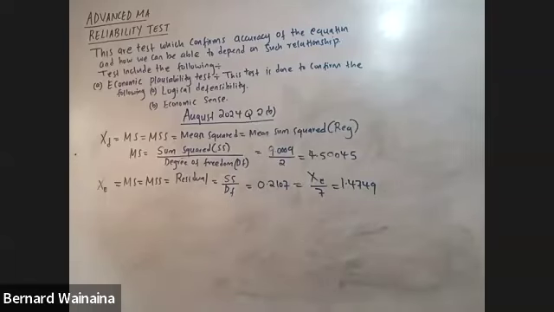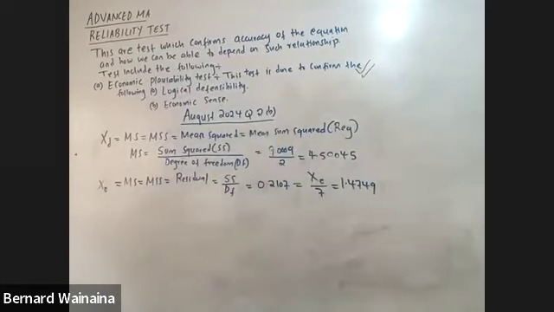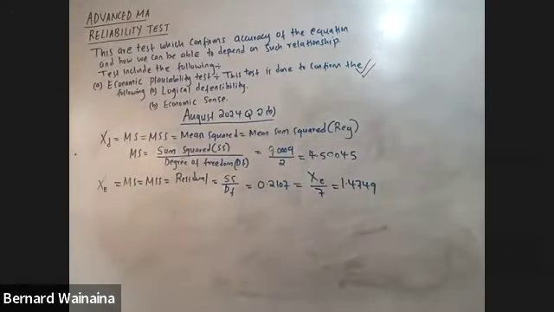So we have done part A and part B. Part C: now let's continue with our test. You are in the reliability test, and we started with number 1, economic possibility, and that one is over now. We need to check the relationship which exists between the variables, what we expect and what is the actual, and then you give your comments.